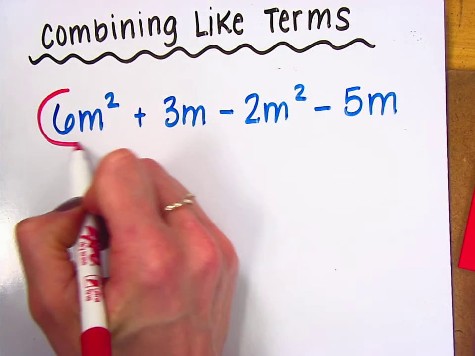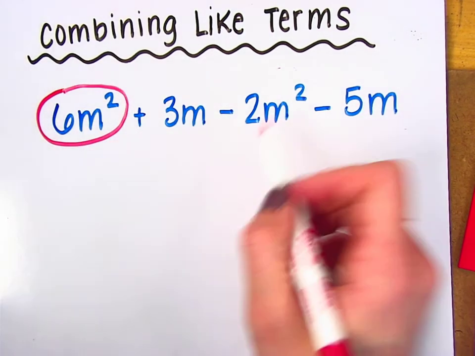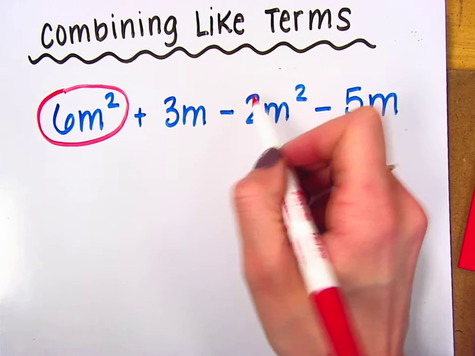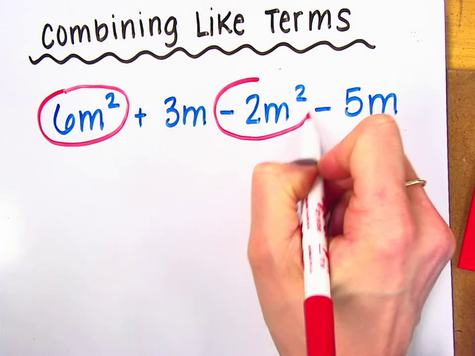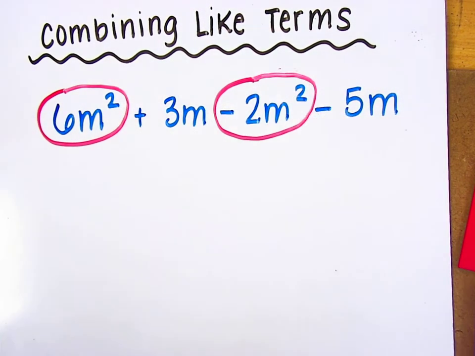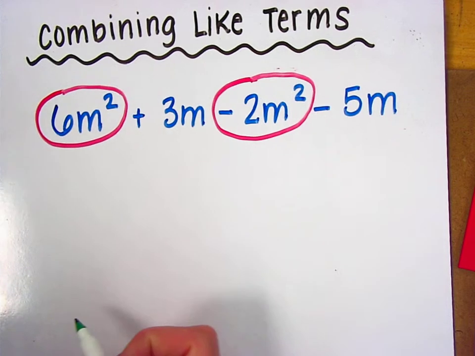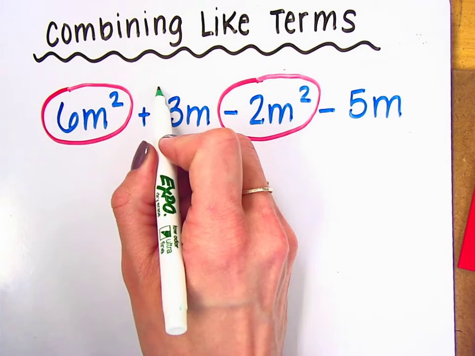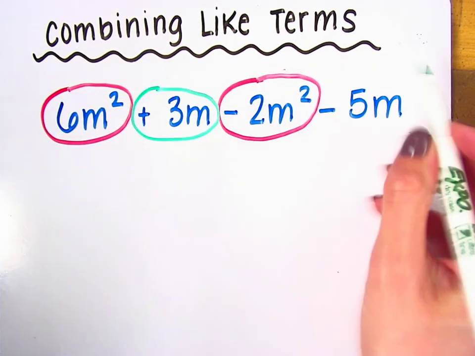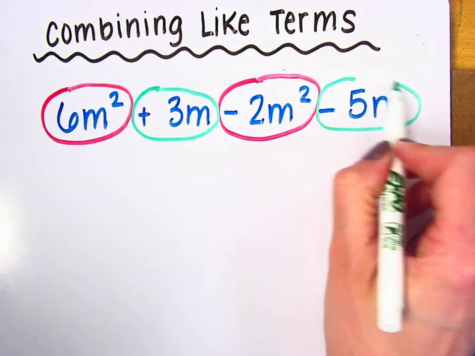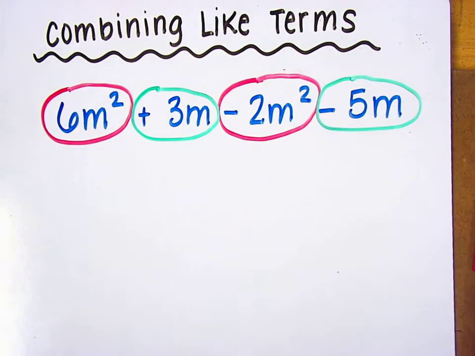So 6m to the second power, I also see an m to the second power, negative 2m to the second power, making sure that I'm including the sign in front, which shows that it's a negative term. I'm going to do the same thing with my other terms that share the exact same variable. So positive 3m and negative 5m. And notice now how everything in my expression is circled.